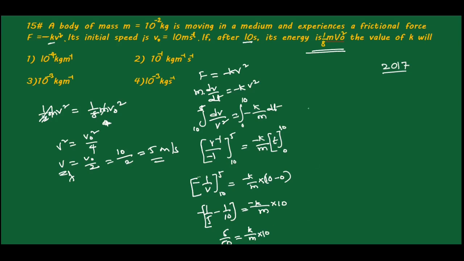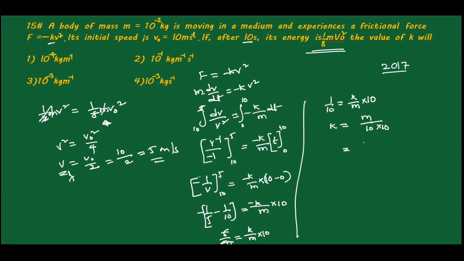Next, now what happened here? 5 by 50 is 1 by 10, you will get k by 10 m. Next, actually we want k, so take this m to the other side, 10 m, but m is equal to how much here? 10 power minus 2 kg.